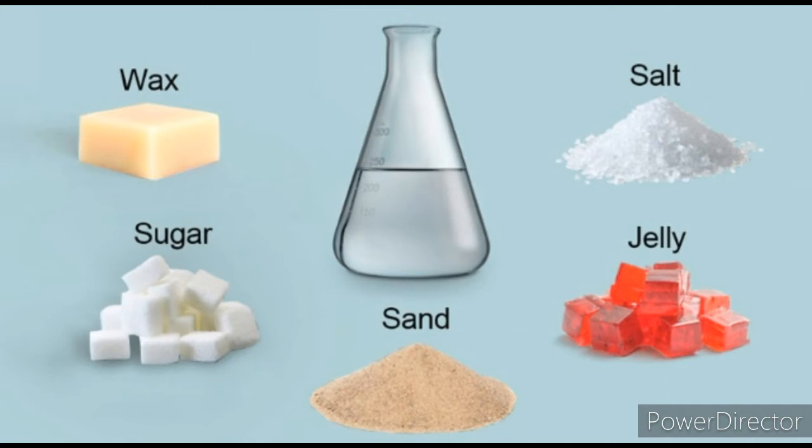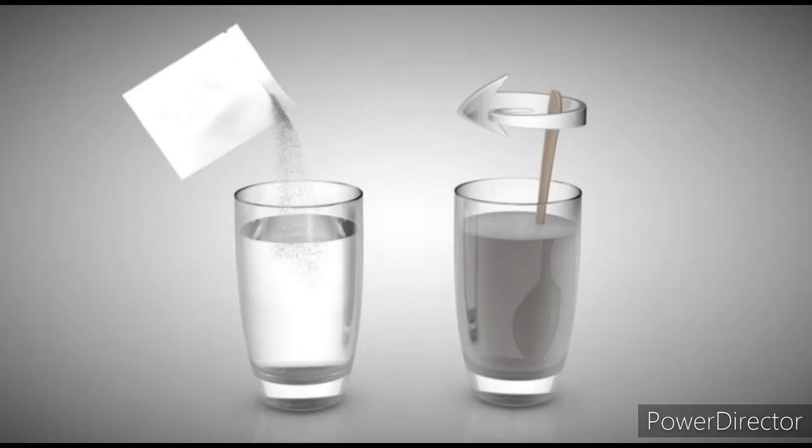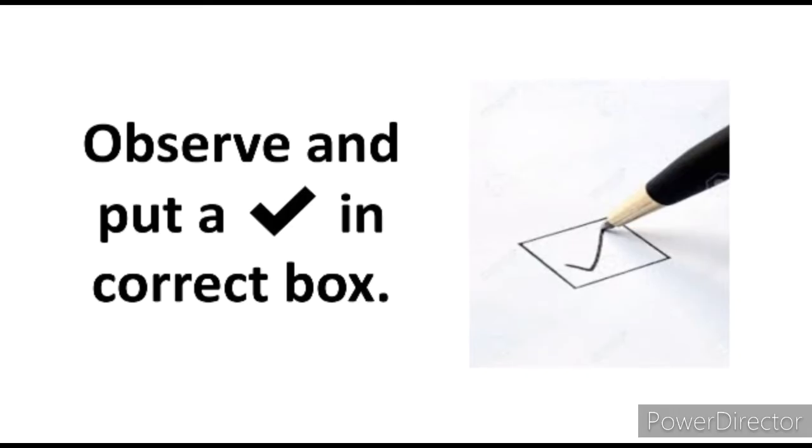You have to observe what happens. You have to put each substance in the glass one by one and stir it with a spoon. See, like this, you have to mix with the spoon. Then you have to observe and put a tick in the correct box. Whatever observation you make, if it is matching with the box, then you have to put a tick there.